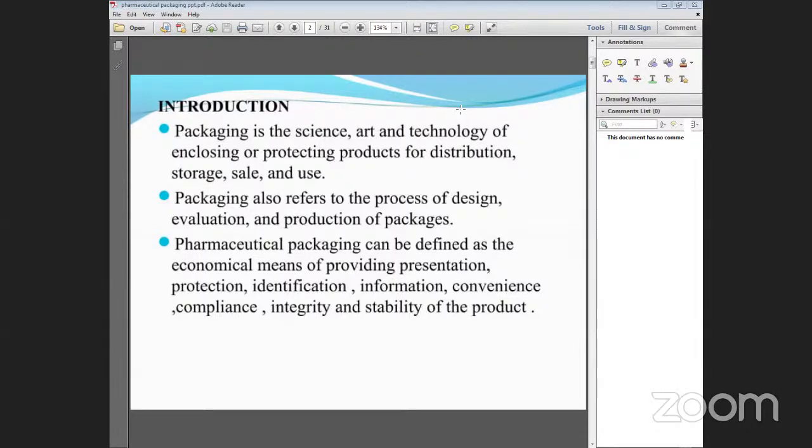Pharmaceutical packaging can also be defined as the economical means of providing presentation, protecting identification, information, convenience, compliance, integrity and stability of the product.